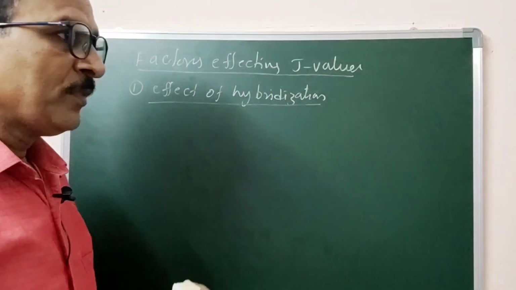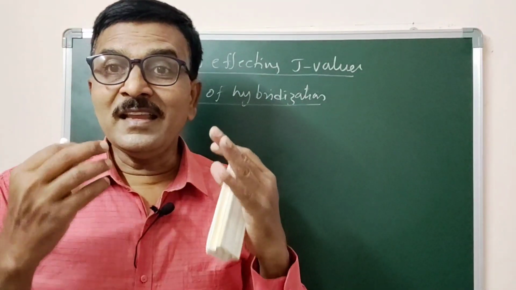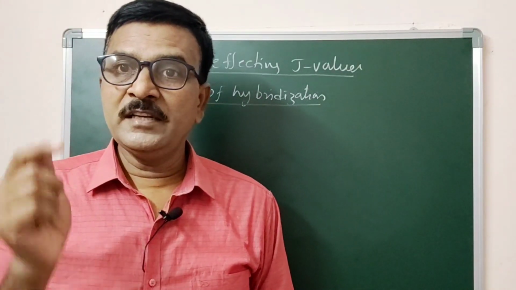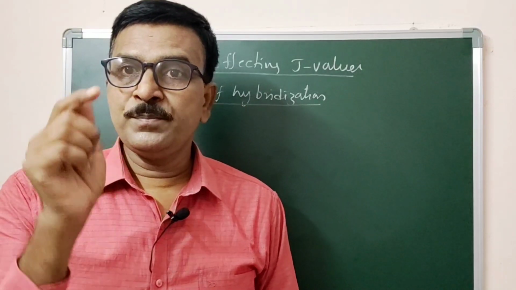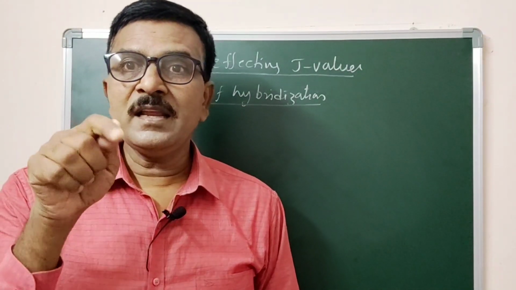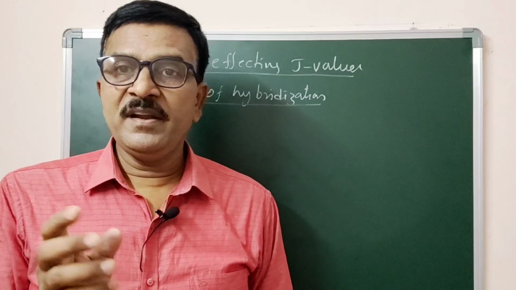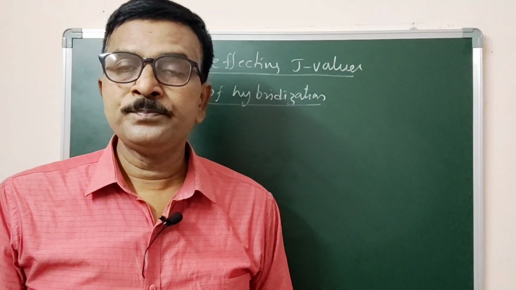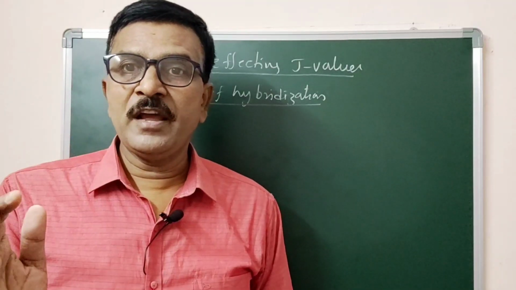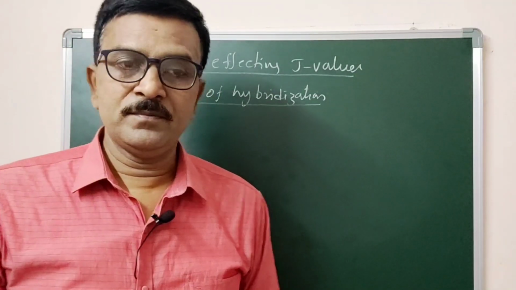For example, as the S character in the hybridization of the atom bearing the coupled protons increases, or as the bond angle between the coupled protons increases, the 2J geminal coupling constant values also increase.